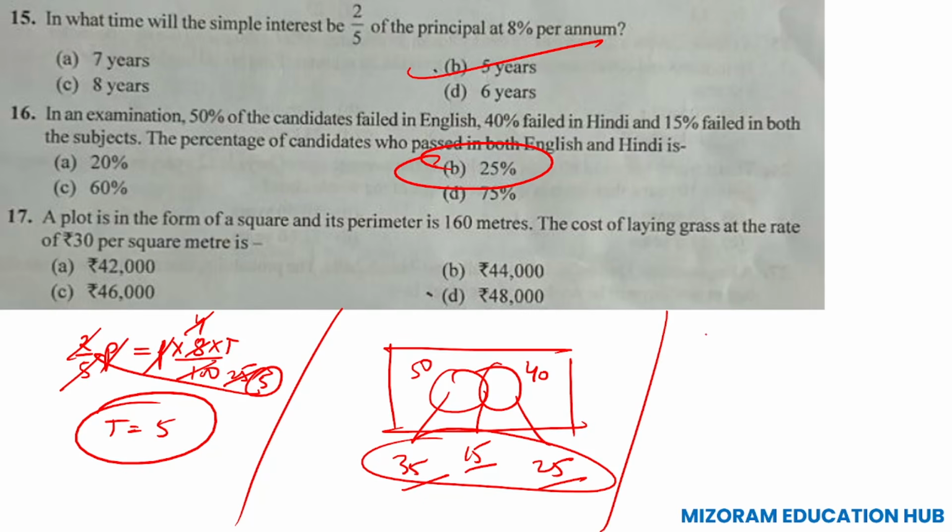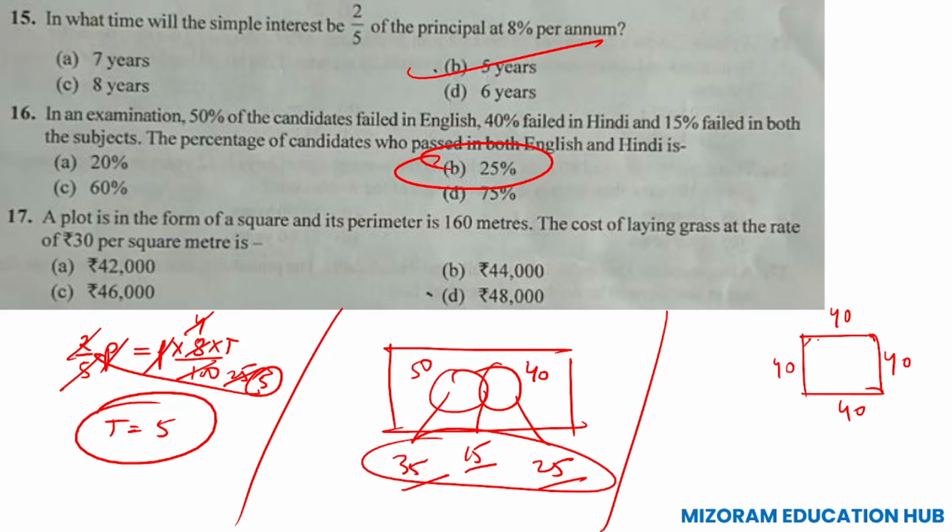Now question number 17. A plot is in the form of a square. This is a square, and its perimeter is given. The side is the perimeter by 4, that is 40. The cost of laying grass at the rate of 30 rupees per square meter.